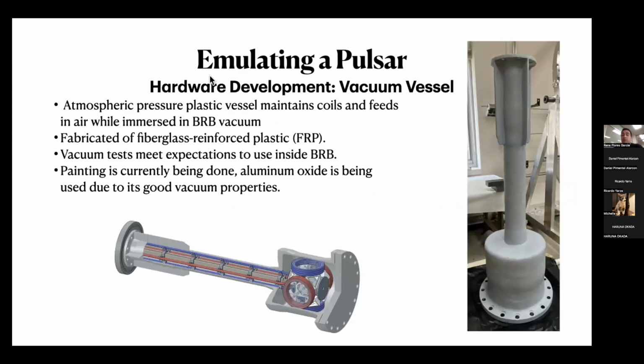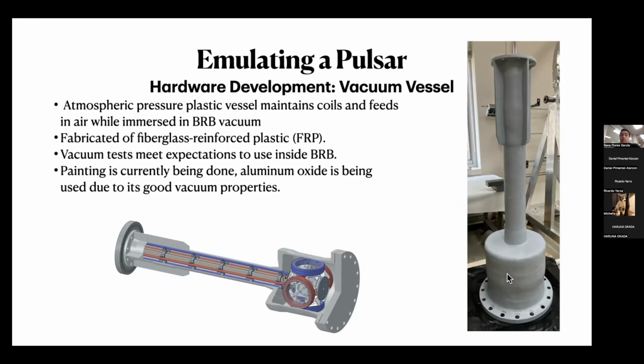Now that we have the coil form, the cables, and the thinning test, we just need to wind up the cables. Then we need the vacuum vessel. So here at Whipple, we ordered an atmospheric pressure plastic vessel, which in the original drawing is this gray one. This is fabricated of fiberglass reinforced plastic.